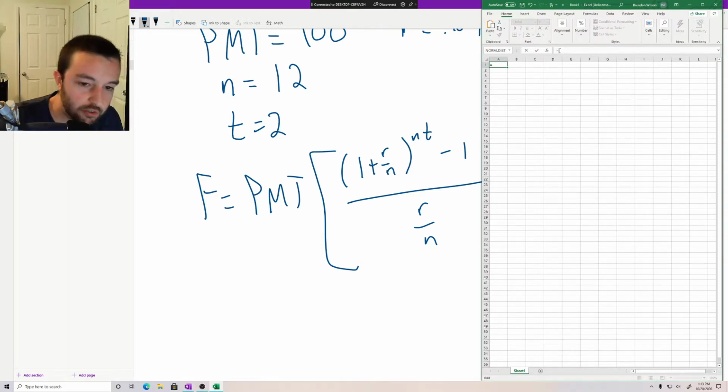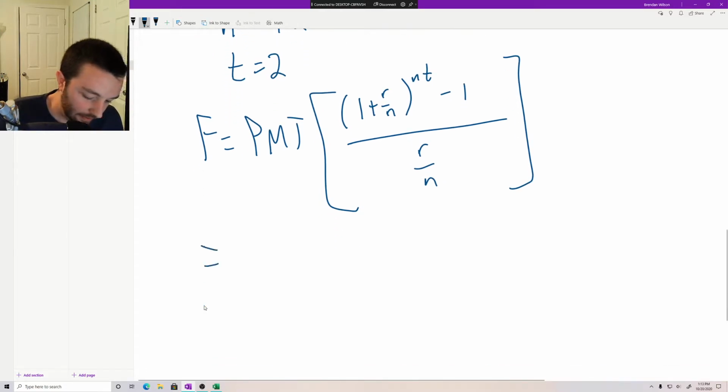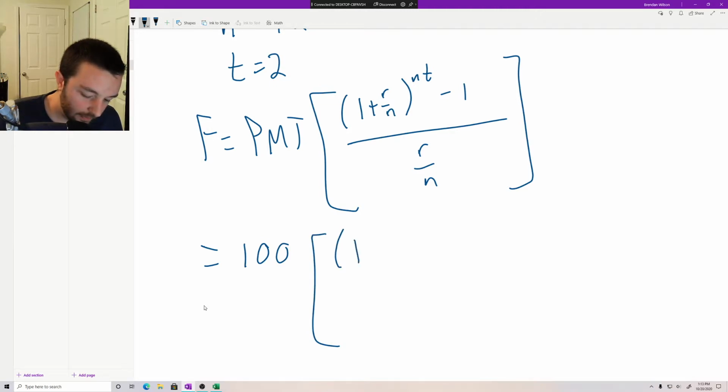We can do this all in one line, but I'll break it up into parts. So we have 100 for the payment, our r is 4, n is 12, t is 2.